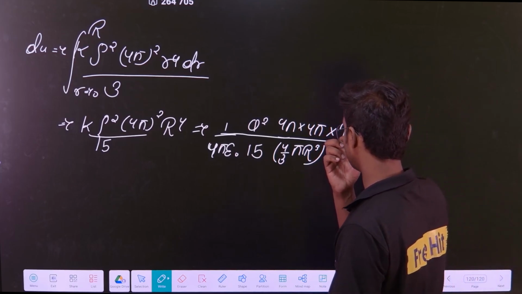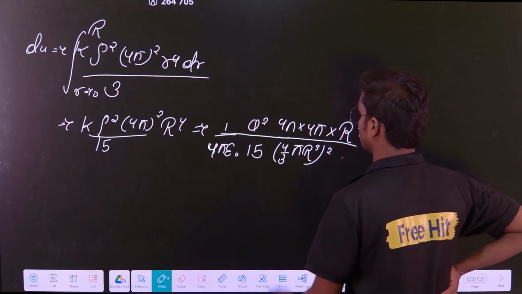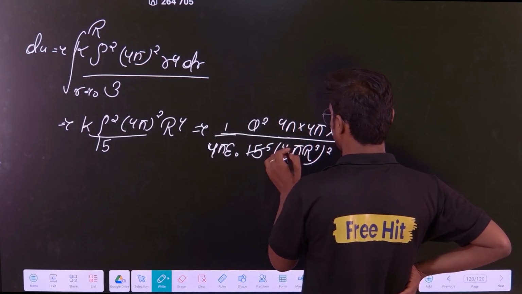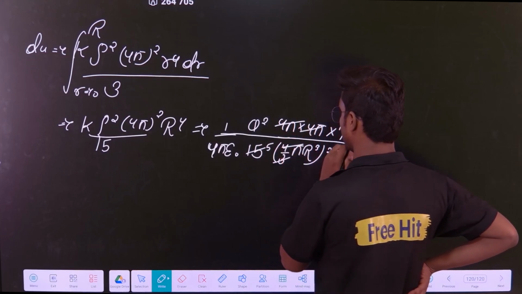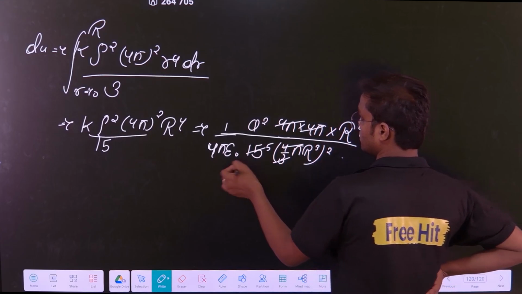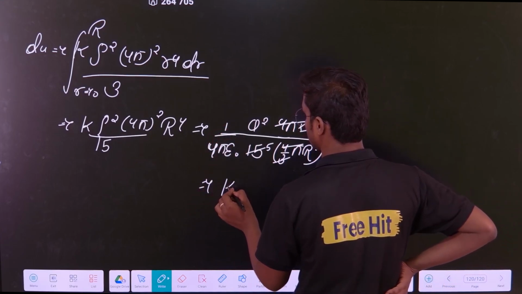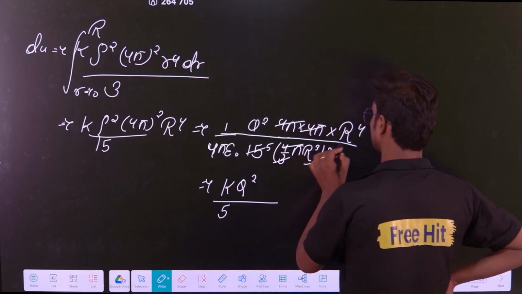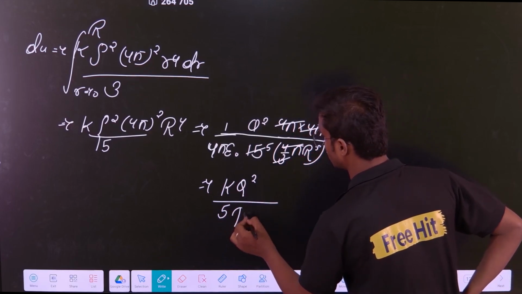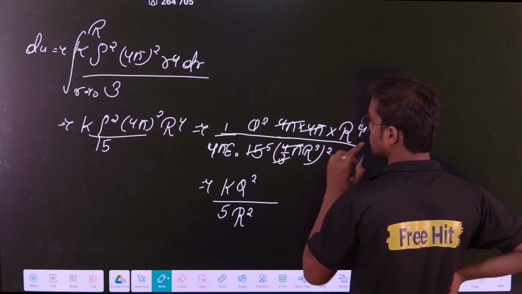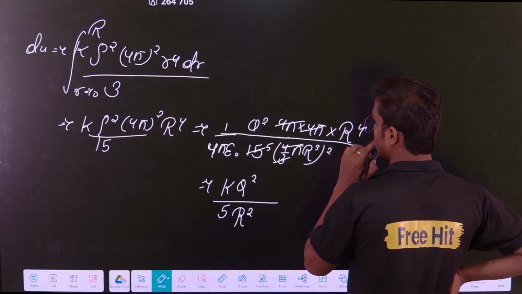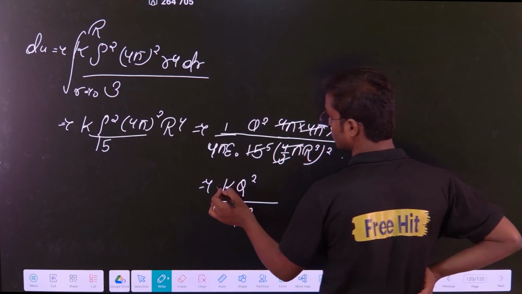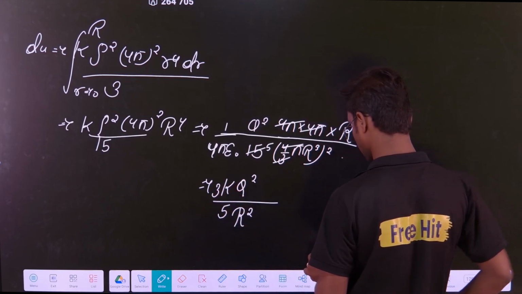Are you getting my point? So 3 5 is 15. The 4 pi factors will cancel out. I can write this as k Q square, then 5. This is r to the power 6 and this is r to the power 4, so r square remains, and 1 by 3 will be left.